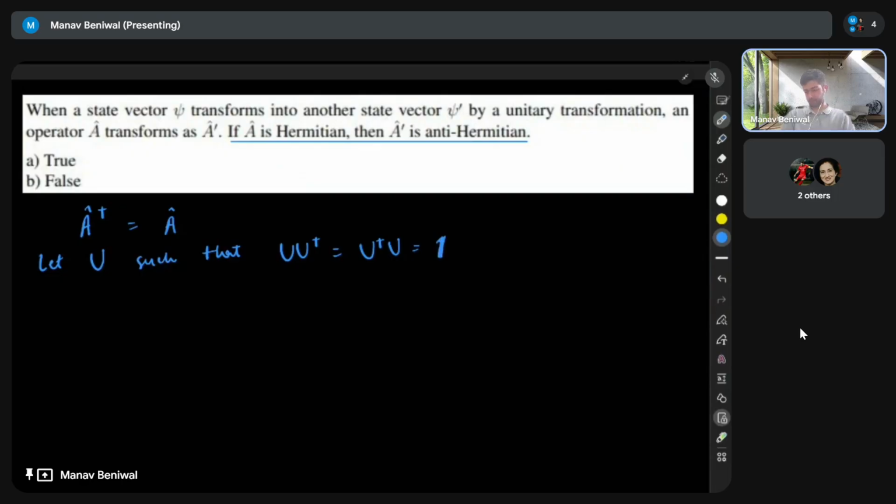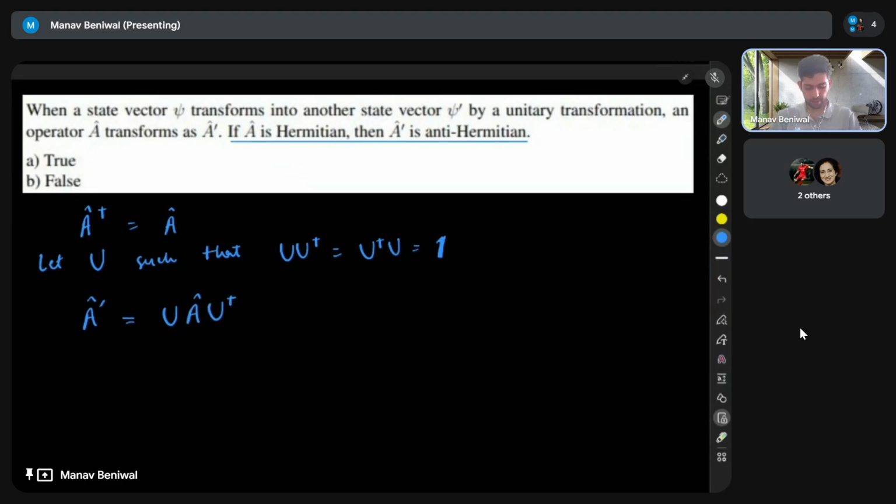Now let us do the unitary transformation. Upon unitary transformation, we will get an operator A prime by this transformation. So we'll have U on this side and U dagger.